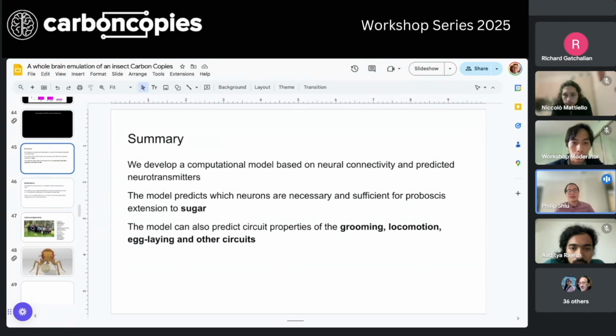I think in general Drosophila are a lot simpler, and these particular elements are less common, but they do exist in particular circuits.